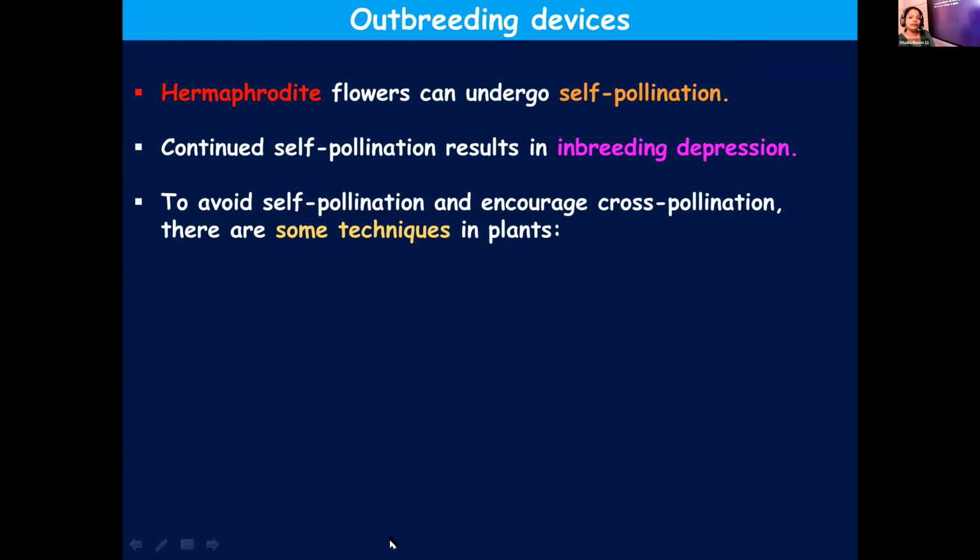So plants have some techniques by means of which they reduce inbreeding depression and promote cross pollination. You know that when cross pollination is taking place, chances of developing variations are more, and that is more desirable. So that is why plants have some techniques or methods by means of which they can ensure cross pollination.